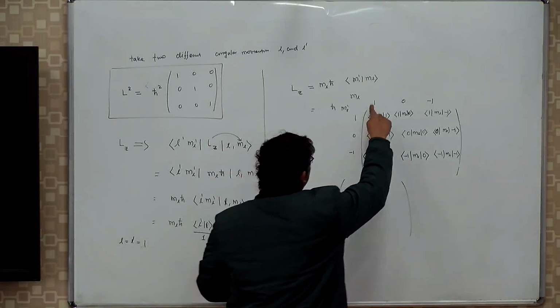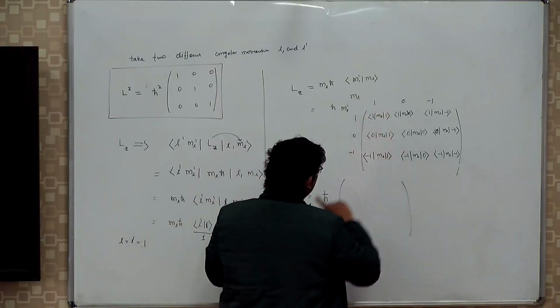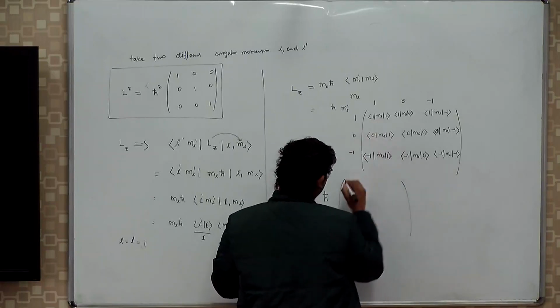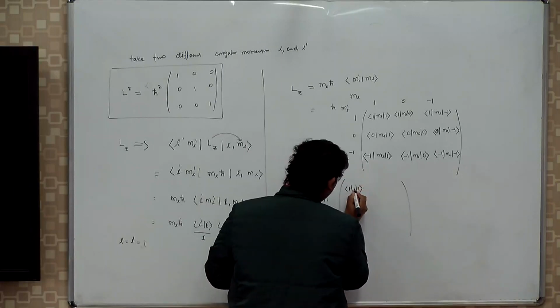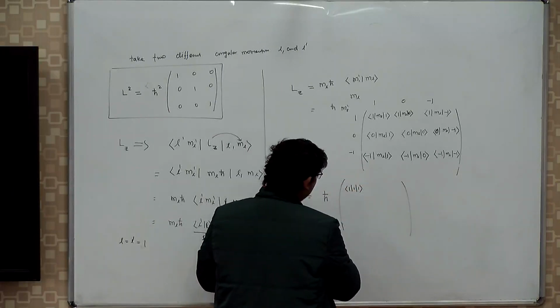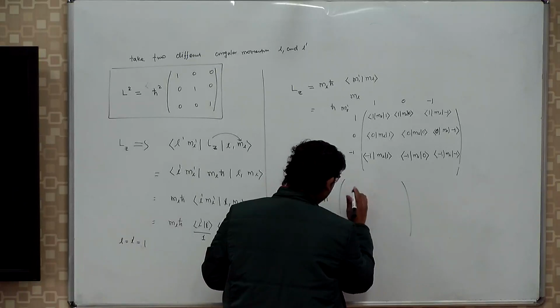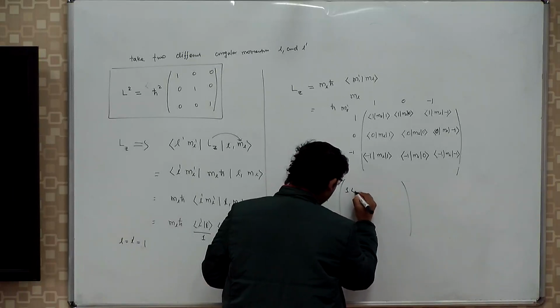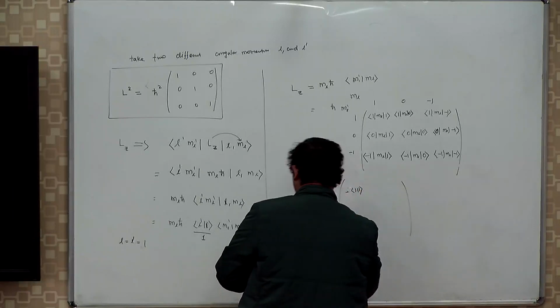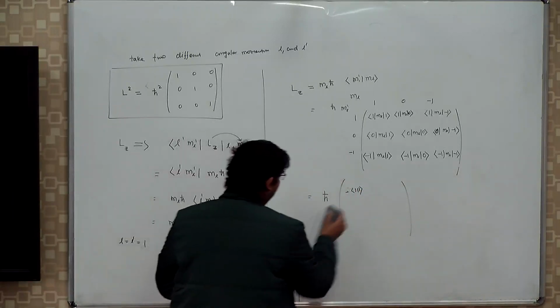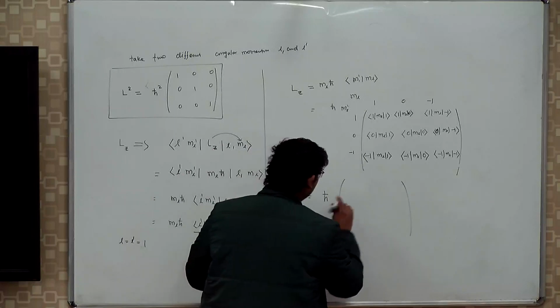The value of m_l here is 1, so if you take 1 outside, the inner product between 1 and 1 is again 1. So the final answer for this entry will be 1.